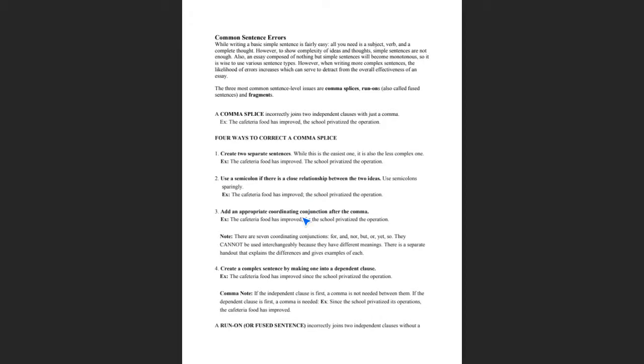Another way to join two sentences, and this is the most popular way, is to use something called a coordinating conjunction. There are 7 coordinating conjunctions: for, and, nor, but, or, yet, so.